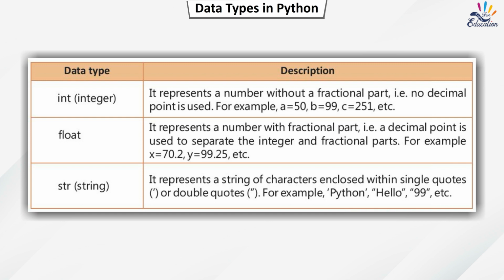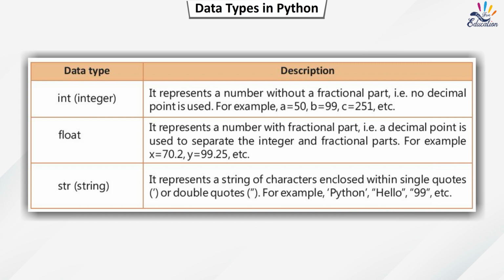For example, A = 50, B = 99, C = 251, etc. Float: it represents a number with a fractional part, that is, a decimal point is used to separate the integer and fractional parts. For example, x = 70.2, y = 99.25, etc.